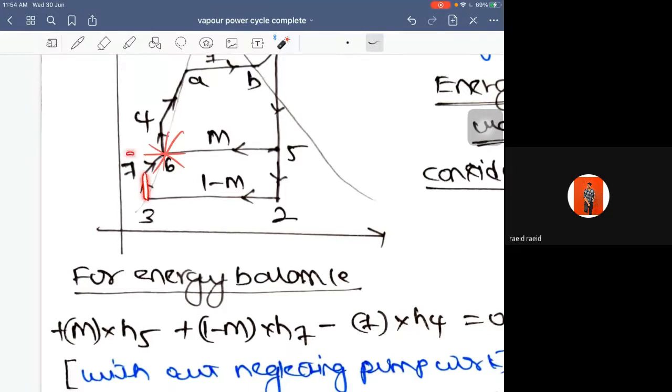Can I say H7 would be equal to H3 if the pumping work is not there? Because there will be no pumping work, it would be 0. So if it is 0, then can I say H7 would be equal to H3?